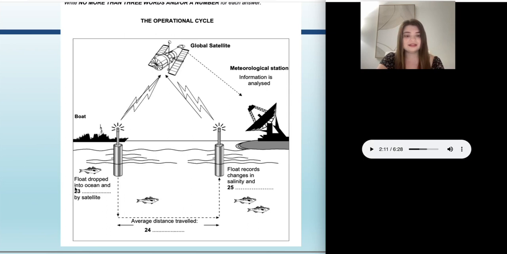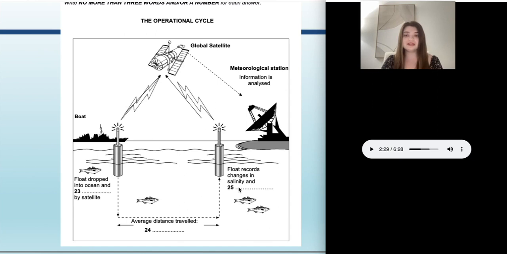There we go. Activated by a satellite. So activated would be 23. So there we go. There we go.